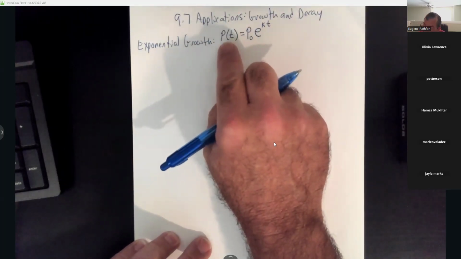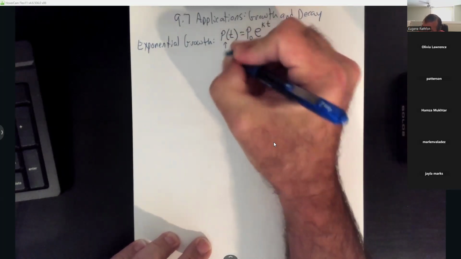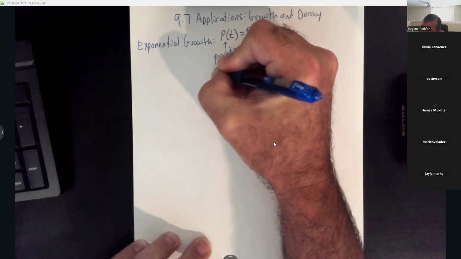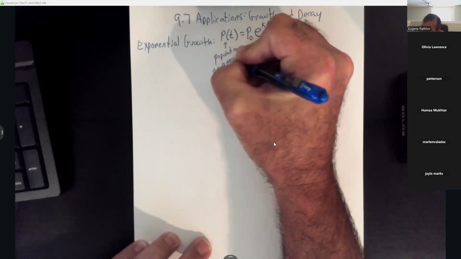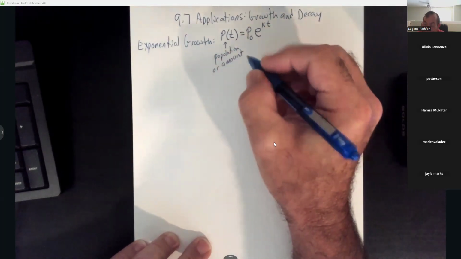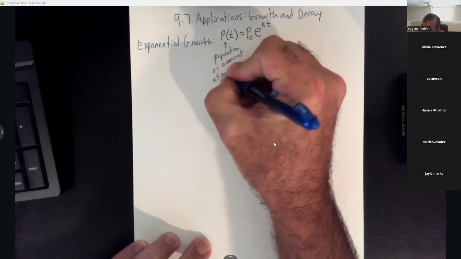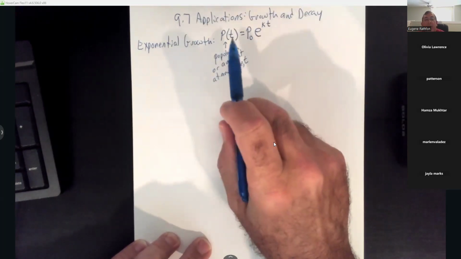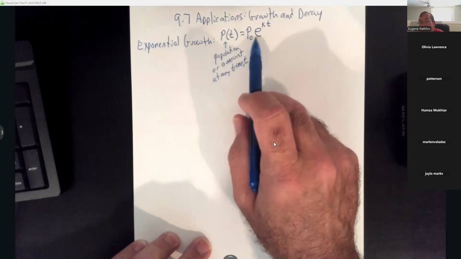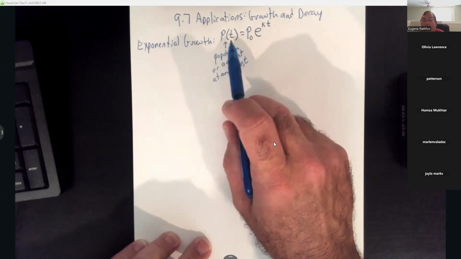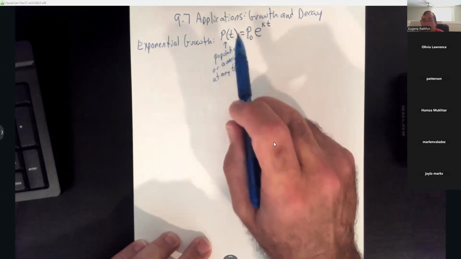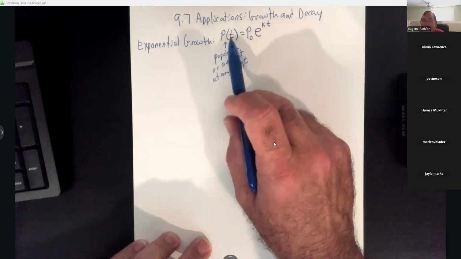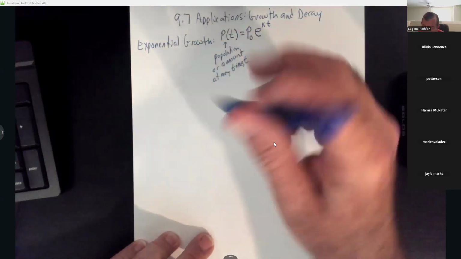All right, y'all. So remember, this was population or amount if you're doing it with investments at any time T. So if I want to look at 3 years, what the population might be, I can throw in 5 years, depending on how many years, I can find that population.